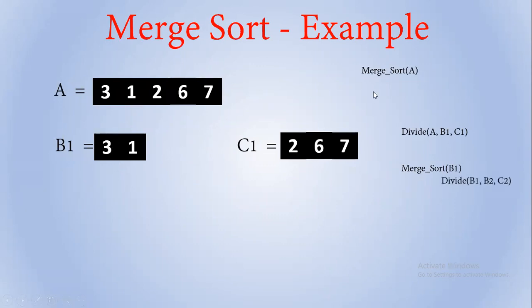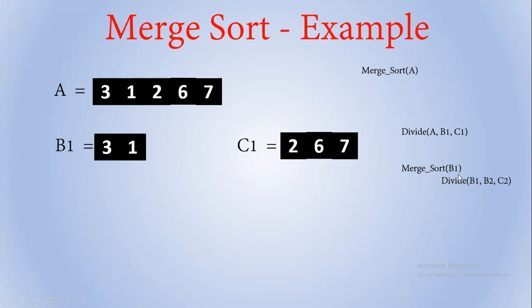I'm using these tabs: there is one tab of space here, which means this indentation is within this function. So that indicates this divide operation is inside this merge sort B1 operation.